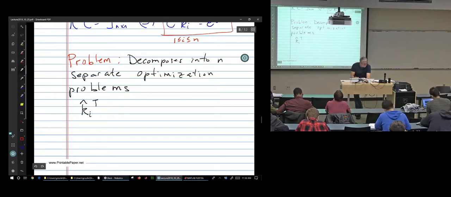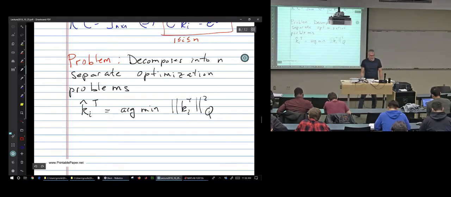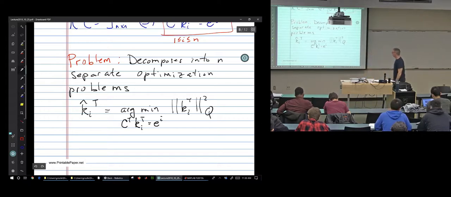K hat i transpose equals arg min of the Q norm squared of K sub i, subject to C transpose K i transpose being the ith unit vector.